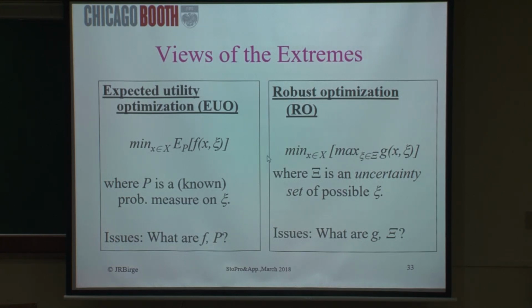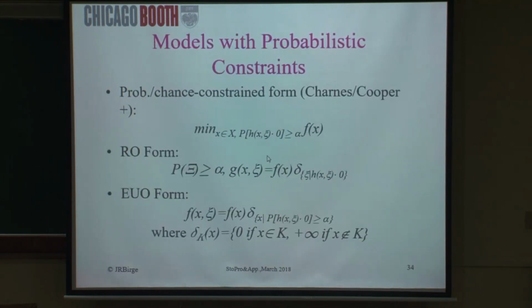So when people often talk about this as being a completely different model, it's possible that these two models are actually the same, but I have a different form of G. So that's kind of the point of this. Okay, so the same thing occurs with models with probabilistic constraints, also called chance-constrained models.